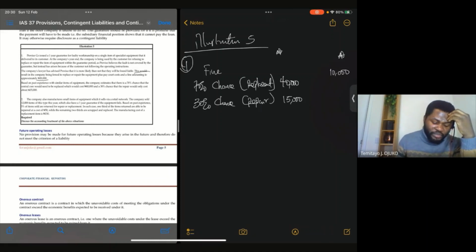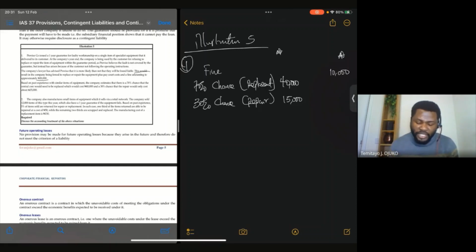This will result in the company being forced to replace or repair the equipment. So the company is either going to replace or repair the equipment, which means that the company is not going to do the two at the same time, right? But then there's a 70% chance that it is going to be spending 40,000, and a 30% chance that it's going to be spending 15,000 naira.